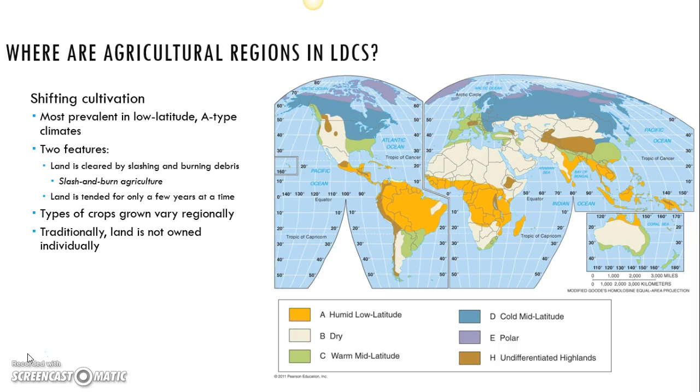That land, we often clear it by doing what's called slashing and burning. As the name implies, slash and burn agriculture literally means that you cut down all of the trees and other plants in an area, and then you burn it. And the reason why you burn the trees and grasses and so forth not only is to just clear them, but also because in a lot of these humid low latitude climates, the soil is not particularly healthy.